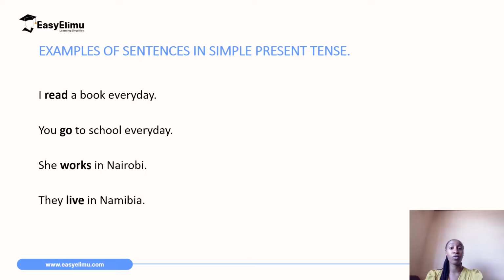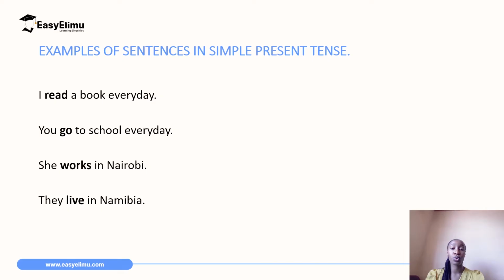So before we go further, we can have a look at some sentences that are in the simple present tense, just to have a rough idea about what this simple present tense is all about. I read a book every day. Take note of the verbs that are in bold. I read a book every day.